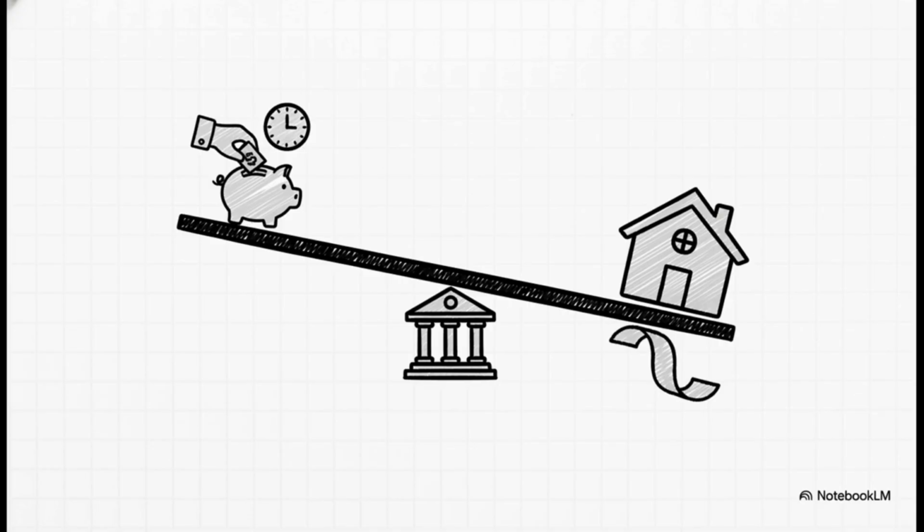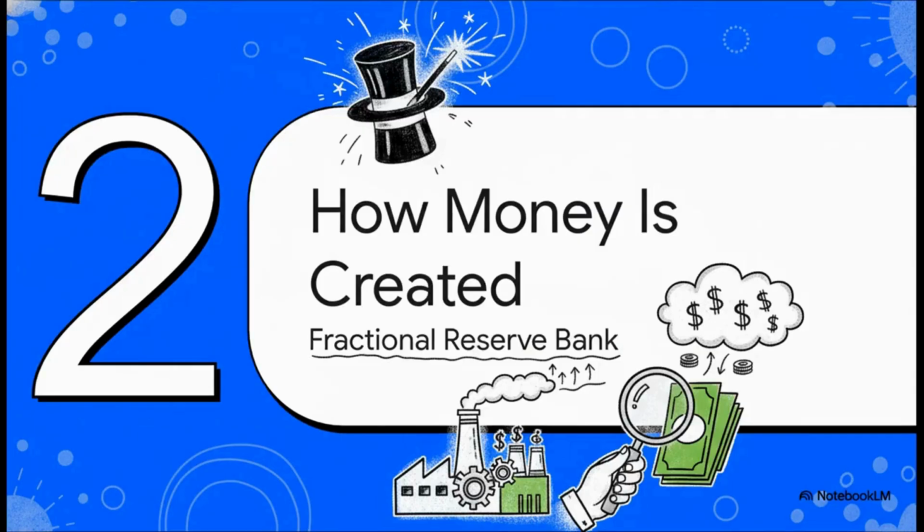But what does the bank do with that super short-term money? It lends it out long-term on things like a 30-year mortgage. So they're transforming a short-term liability, your deposit, into a long-term asset. This fundamental mismatch, it's the very heart of their business model, but as you're about to see, it is also their greatest weakness. That inherent mismatch is the perfect lead-in to part two, how money is created.